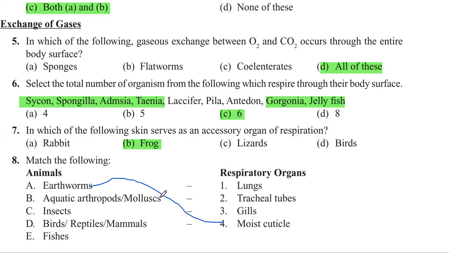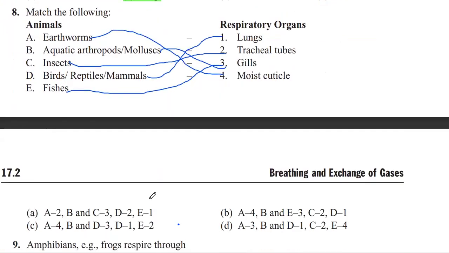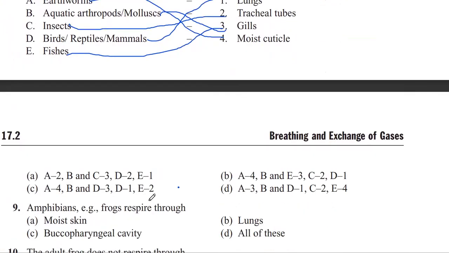Aquatic arthropods and mollusks: gills. Insects: tracheal tubes. Birds, reptiles, and mammals: lungs. Fishes: gills. Therefore, the correct option is going to be right.